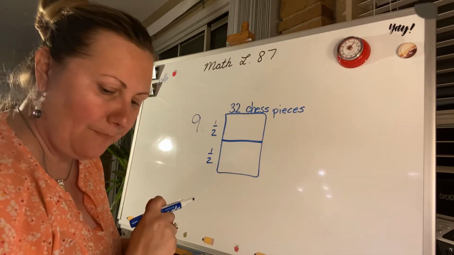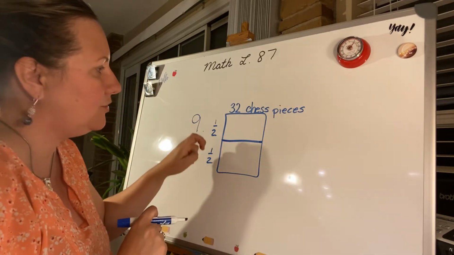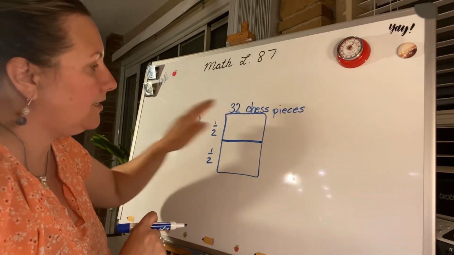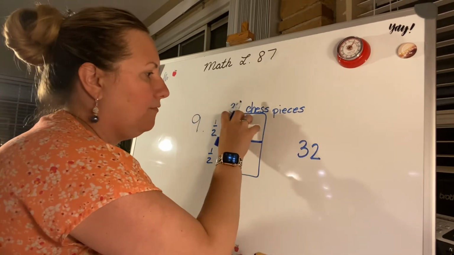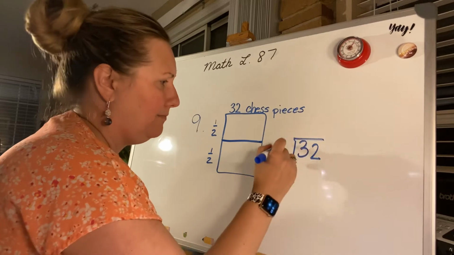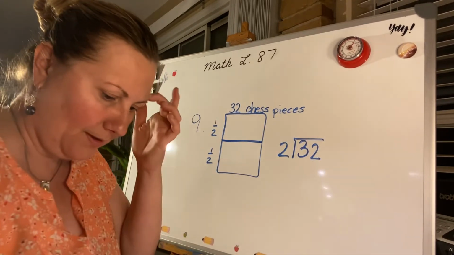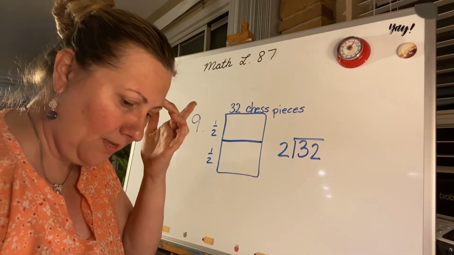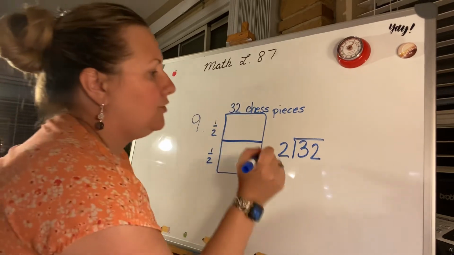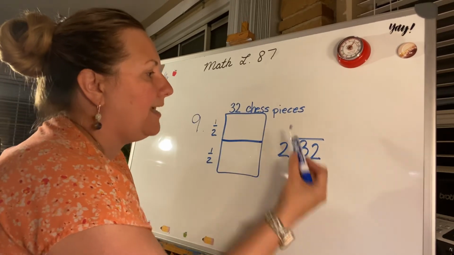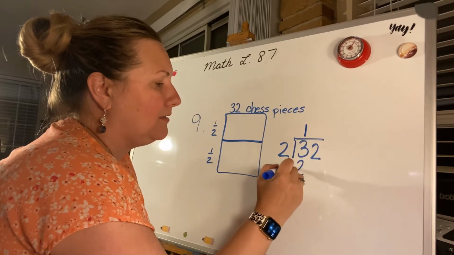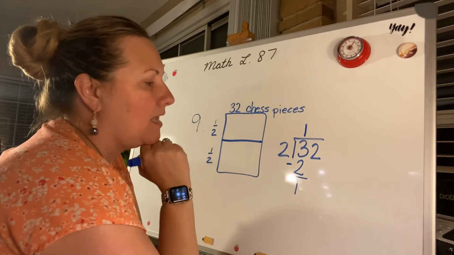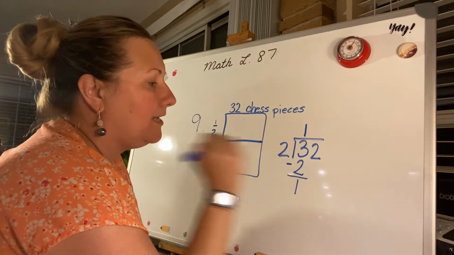Pretty simple. So we need to divide 32 into 2 to figure out what each part represents. 32 divided by 2. And let's do the division. 2 times 1, 1 times 2 gets us as close as we can to that 3. 3 minus 2 is 1.